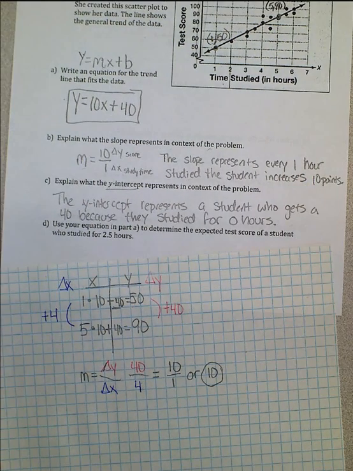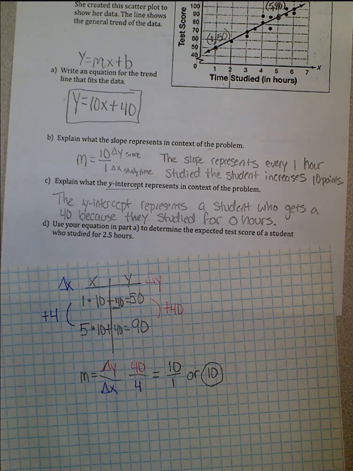But the y-intercept represents if a student didn't study, they would most likely get a 40 according to this data.